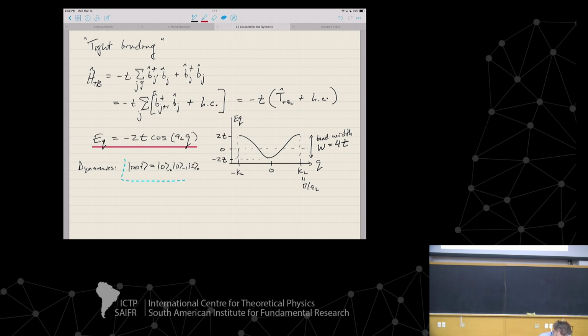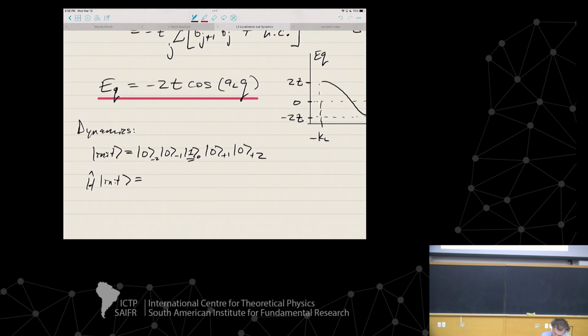Okay. So let's put atoms at only the middle site, and then I apply a Hamiltonian to do some kind of time evolution.